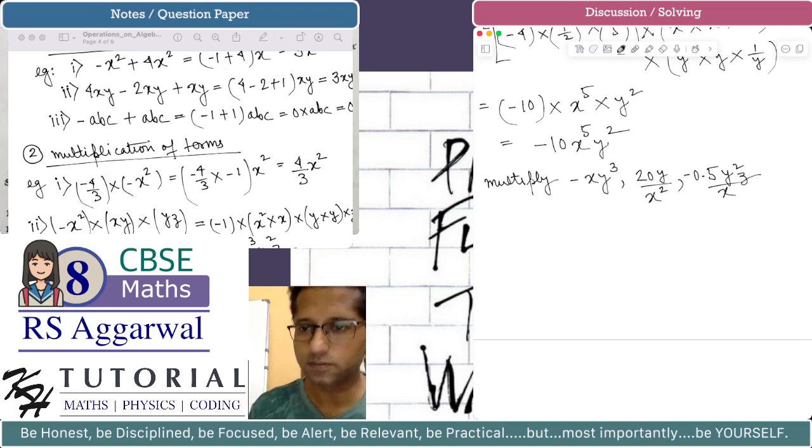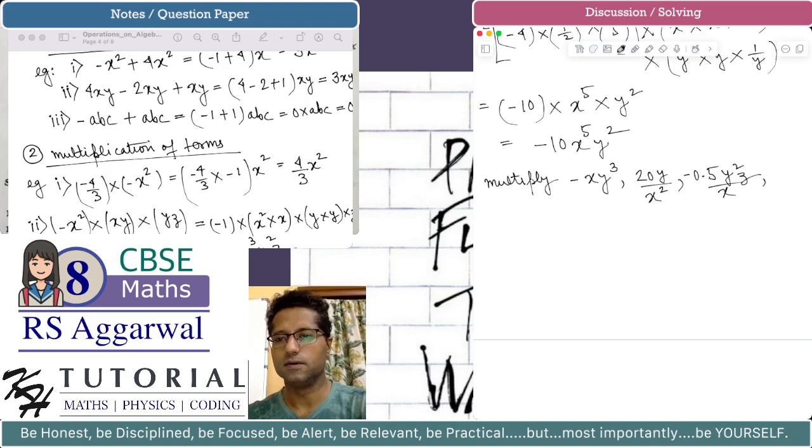So these are the terms, three terms. Let's take another term, let's say 3z cube by x y. So there are four terms. We have to find their product.